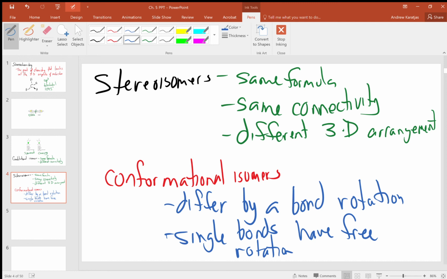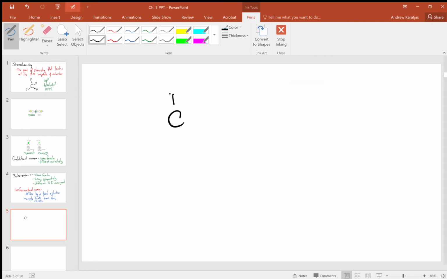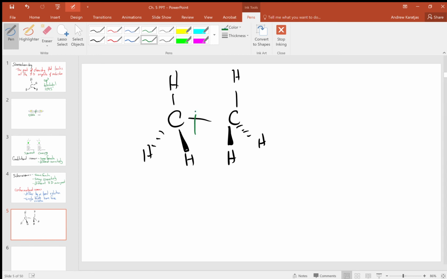So what I'd like you to do right now is to put together a model of ethane. Then I'd like you to start rotating about that single bond between the two carbons.